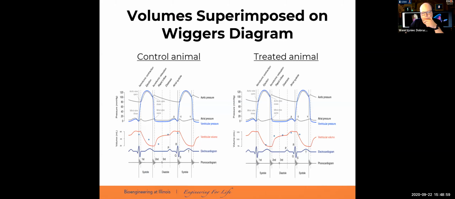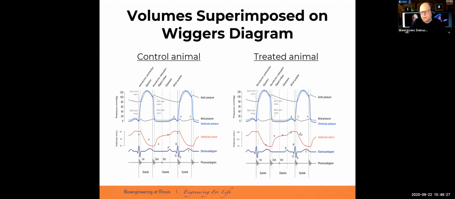But what we found, because the CT images provide the information about ventricular volumes, is that when we place them on the Wiggers diagram, we could almost fit the curve of the ventricular volume. So there is a very close approximation of the ventricular volume, the same with the control and with the treated animals.